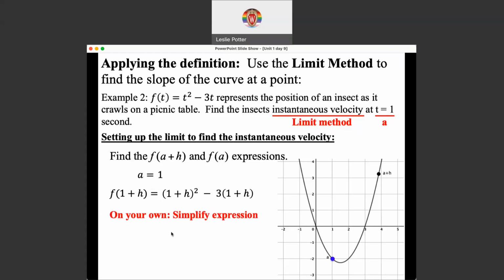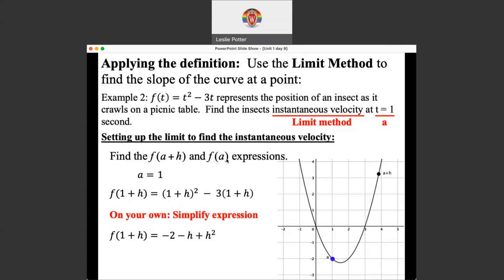Okay, if you're tuning in, I'm assuming you've tried the simplification on your own. So we know that this is the overall simplification. This is 1 plus 2h plus h squared, and this is minus 3 minus 3h. So that's where we get minus 2 minus h plus h squared. So that's the first piece of the puzzle.